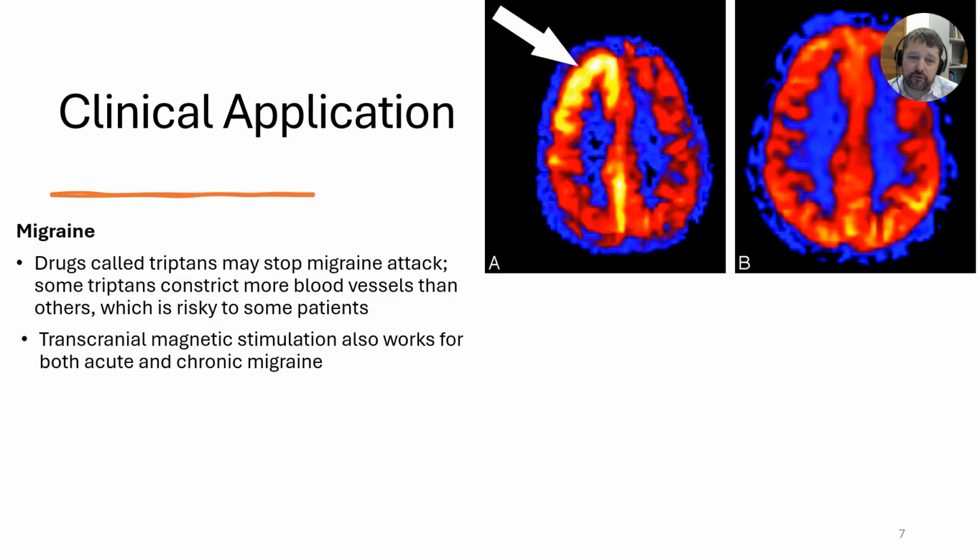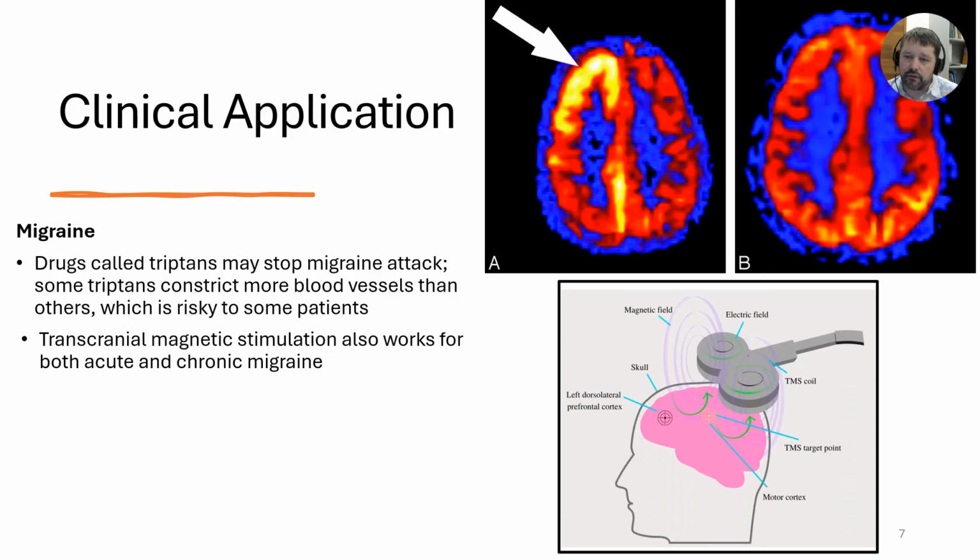If drugs aren't the answer, then sometimes transcranial magnetic stimulation has been used, especially in chronic migraines, where individuals know, especially females right before menstruation, that they're going to get a migraine, so they might be treated in this way, in which an electrical field is used to cause the constriction of blood vessels and the movement of blood out of that region.